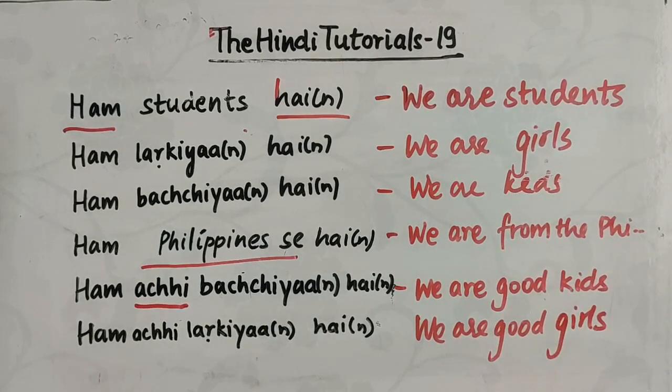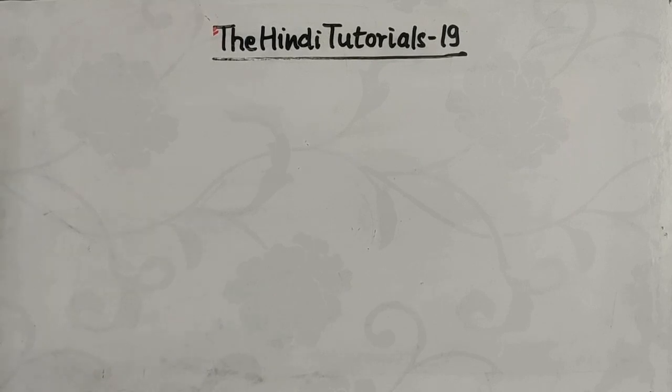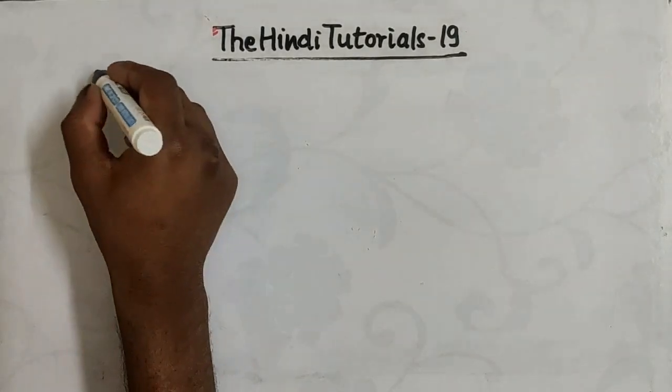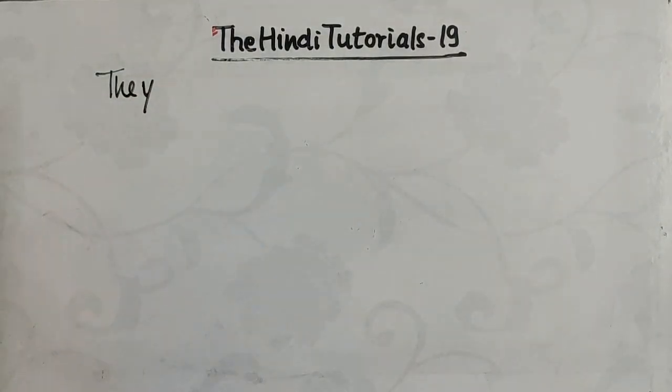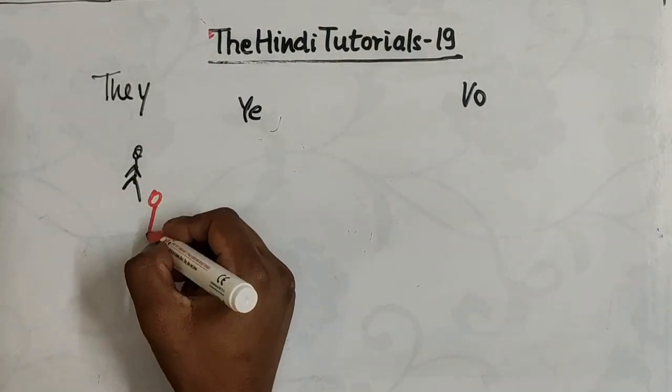We conclude here that हैं comes with hum, that is we. ठीक है? Moving towards the next situation where we use हैं. So the next situation when we use हैं is in case of they. I am standing here. A friend of mine is also standing here.